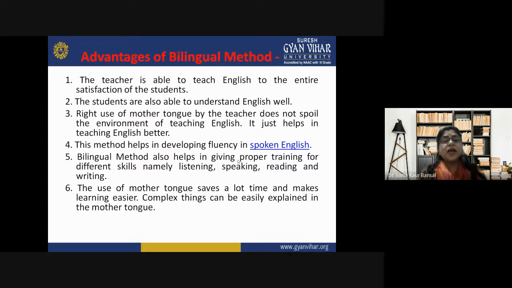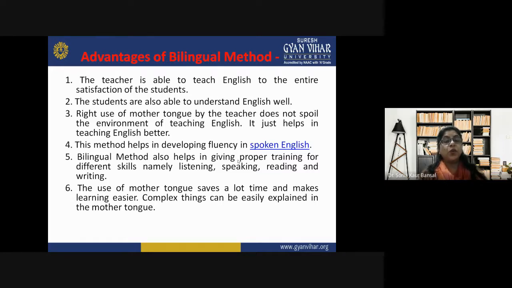Then students, thirdly, right use of mother tongue by the teacher does not spoil the environment of teaching English. It just helps in teaching English better. Sometimes it happens, students, that when the students are not understanding a particular word or sentence in the classroom, then maybe the classroom environment is getting spoiled.